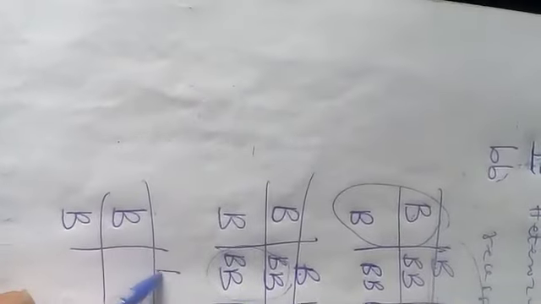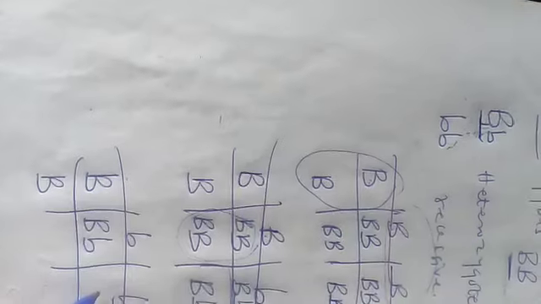For the next one, we are crossing homozygous dominant and homozygous recessive. Homozygous dominant is BB, and homozygous recessive is small b, small b. So every cross gives capital B, small b.